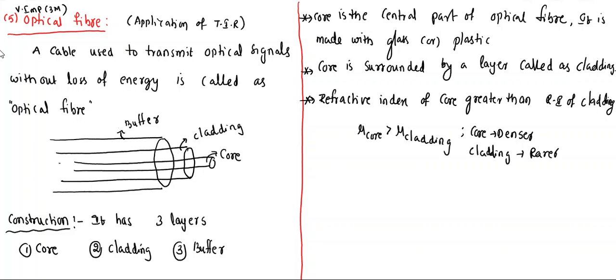And if we go for this, then how will it work? Cladding is surrounded by a layer. It is called as buffer.